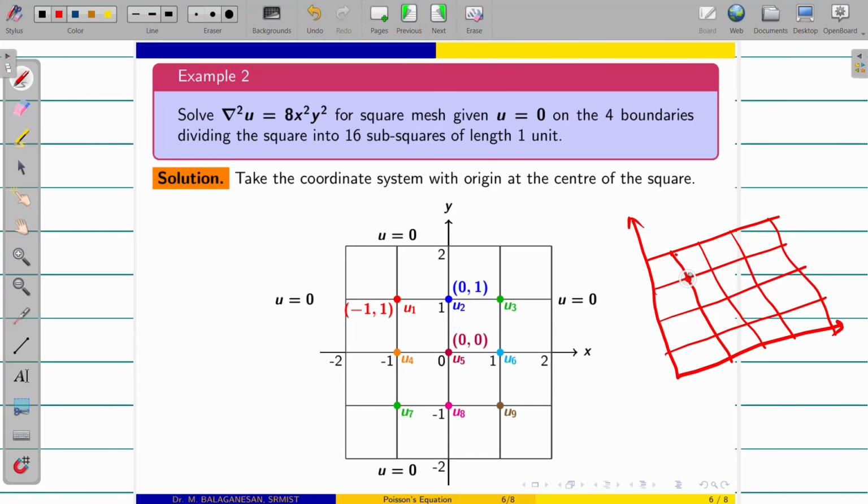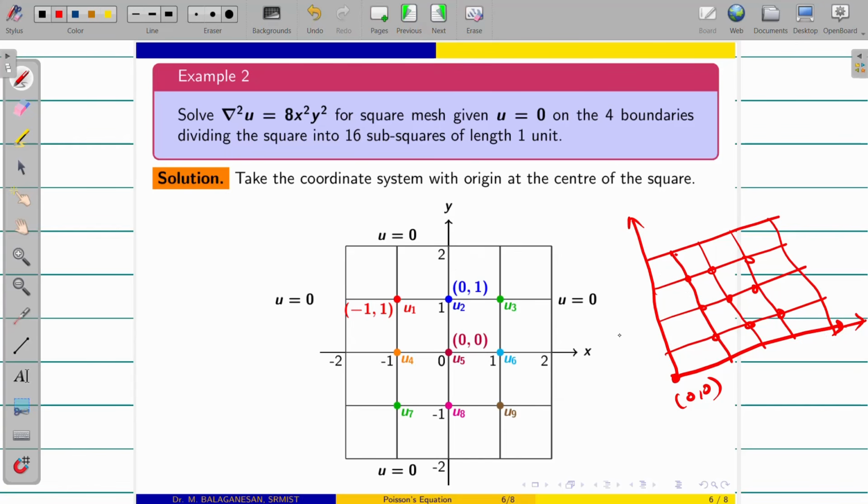Now these are your interior points u1, u2, u3, u4, u5, u6, u7, u8, u9. Why didn't I take the origin here, 0, comma 0? I have chosen the axes in the middle.